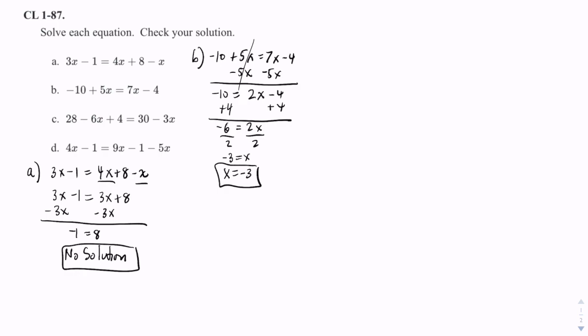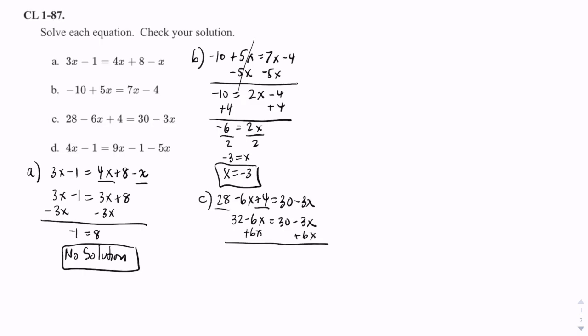For c, I'll put it down here maybe. I have 28 minus 6x plus 4 equals 30 minus 3x. I'll combine my like terms. 28 and 4 is 32 minus 6x equals 30 minus 3x. I will add 6x to both sides.